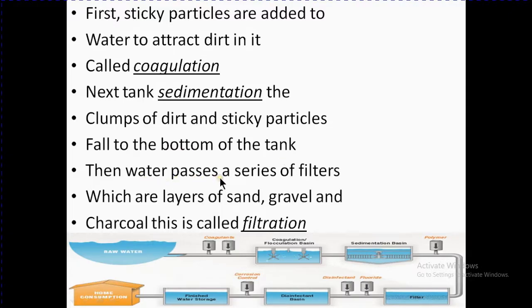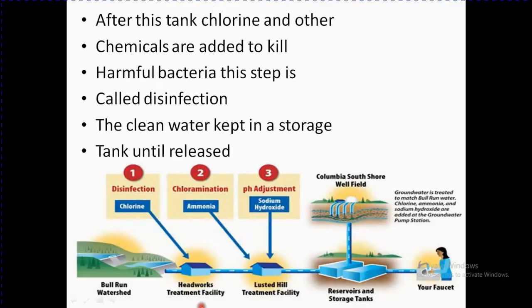Then the water passes through a series of filters, which are layers of sand or different types of stones, rocks and charcoal. This is called filtration. So you can see here first coagulation, after that sedimentation, then the filtration process, one by one, and then it goes to the storage tank.